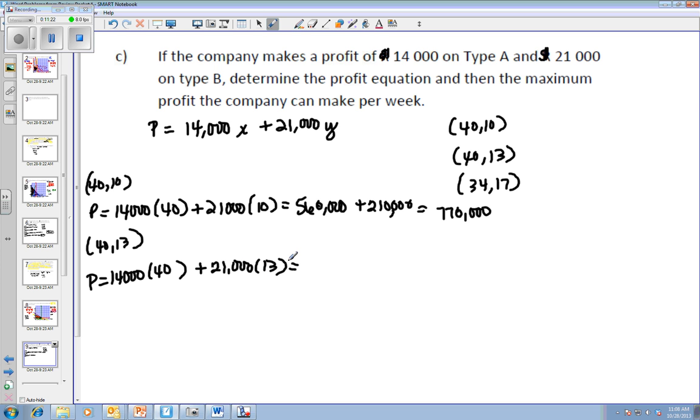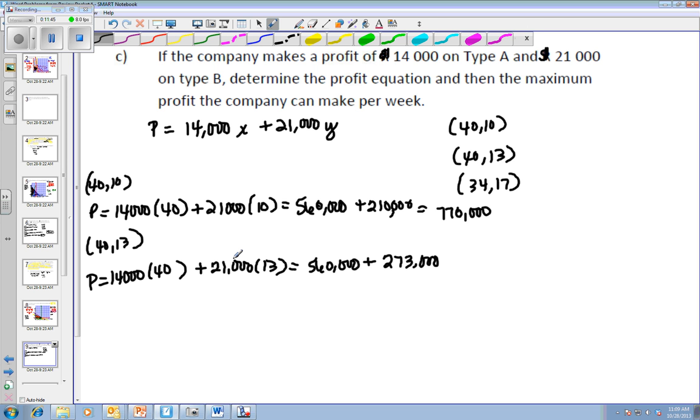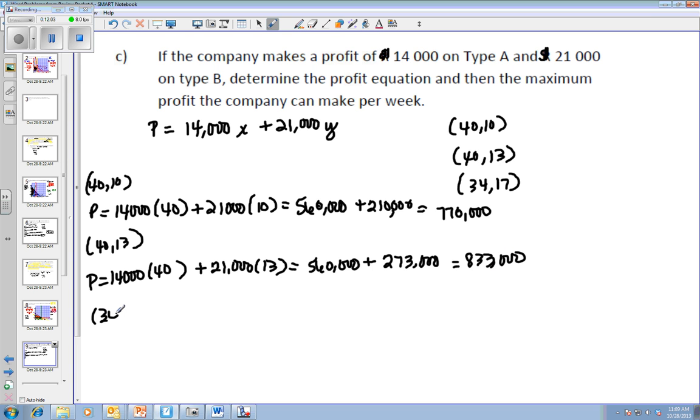So 14,000 times 40, that's going to give me 560,000 plus 21,000 times 13, that's going to give me 273,000. 273 plus 560, that's going to give me 833,000. We have one more point, the point 34, 17.